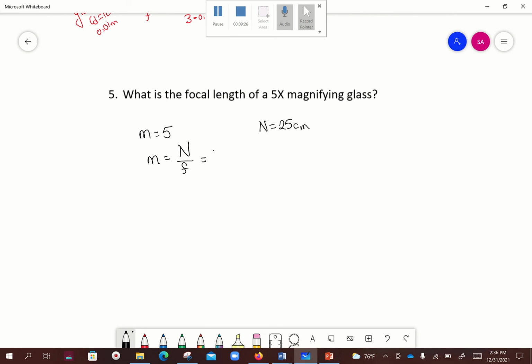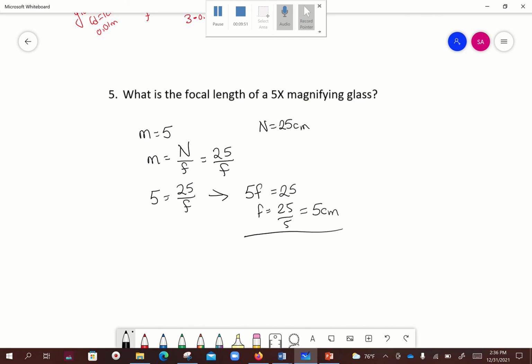So 25 over f is equal to the magnification. So 5 is equal to 25 over f. Rearrange that by multiplying up by f on both sides. So 5f is equal to 25. So f is equal to 25 over 5, or 5 centimeters.